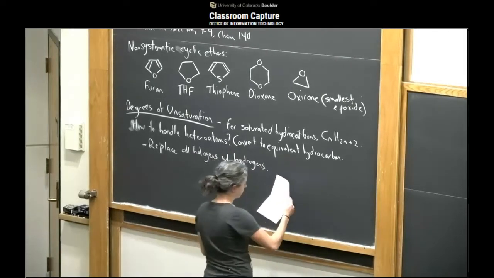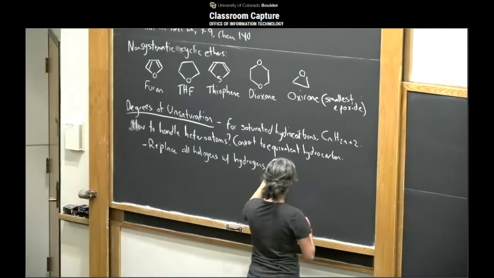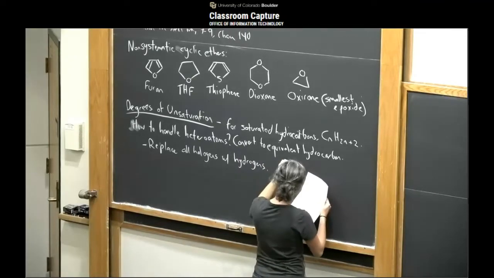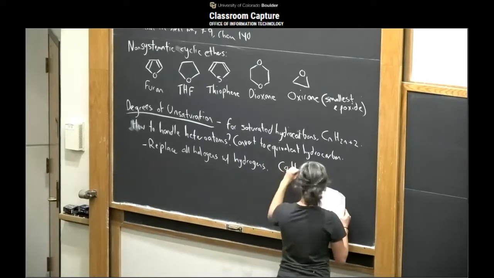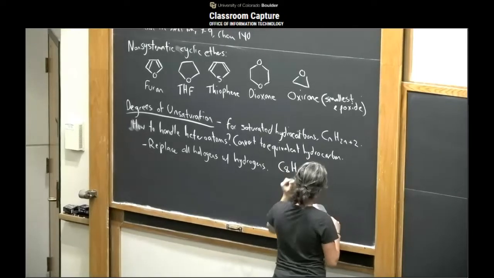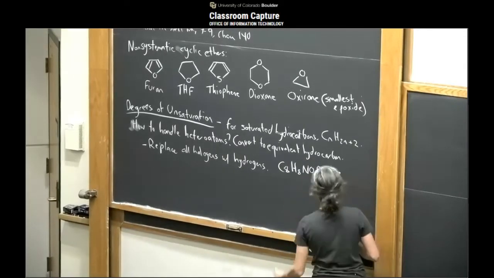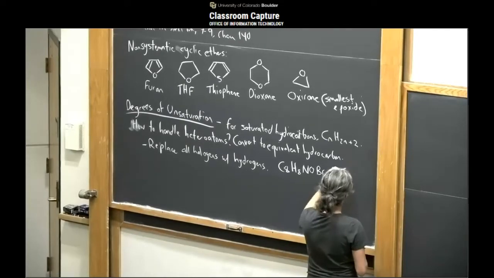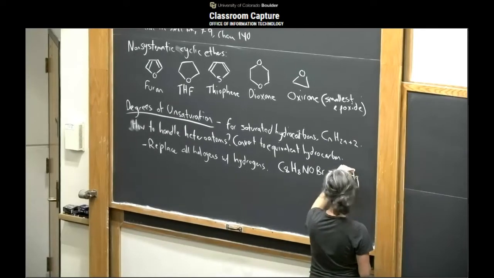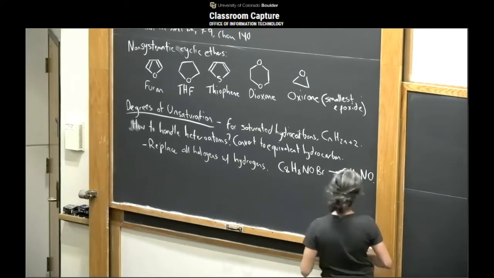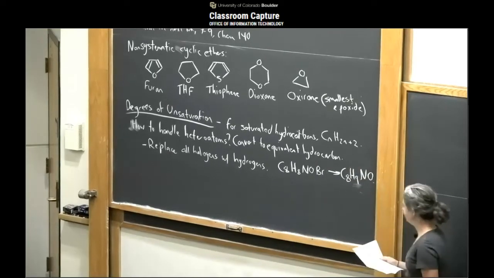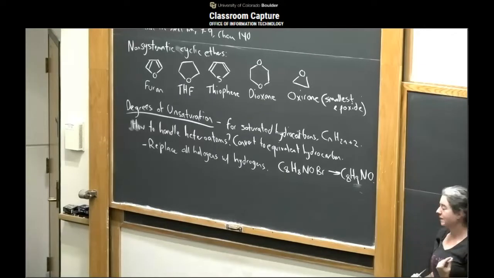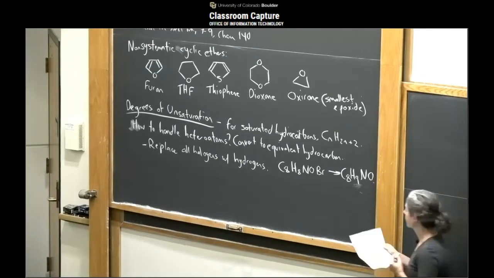If I'm starting with the example formula C8H8NOBr, I'm just going to turn that Br into one more H and turn it into C8H9NO. Okay, any questions about how or why I'm doing that?